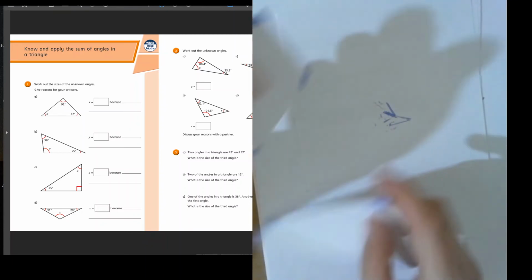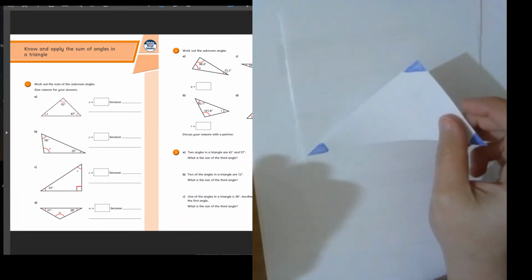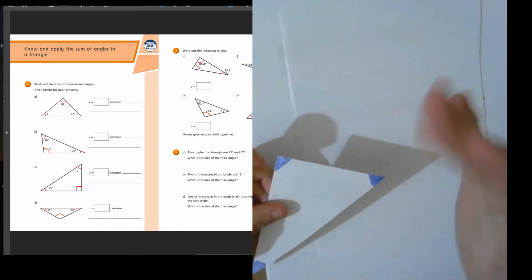Okay, so if you've gone and cut out your triangle and your quadrilateral, this is a very simple proof to show you what the angles in a quadrilateral and the angles in a triangle add up to. So for the triangle, we've got our wonderful triangle right here, and all I need to do is look at the angles.